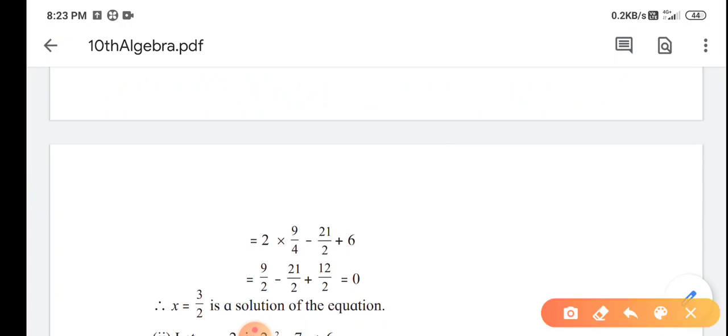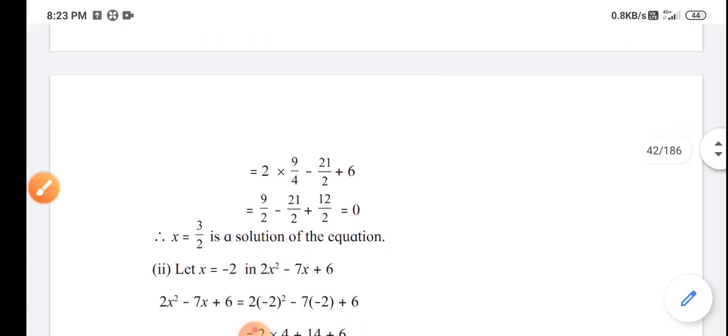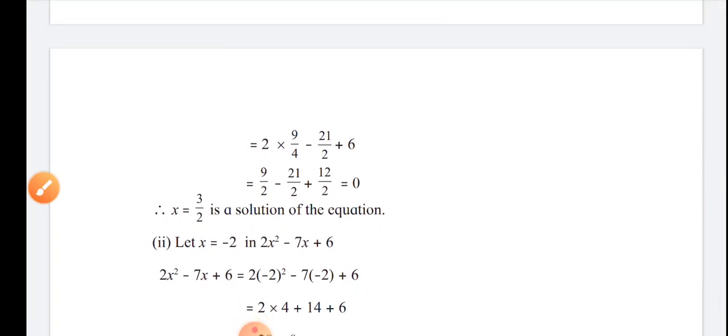Okay, and when we solve this equation, what will happen here? We are getting both the sides equal to 0. That means 9 by 2 minus 21 by 2 plus 12 by 2. So 9 by 2 minus 21 by 2 plus 12 by 2 becomes 0. That's why we can say that x is equal to 3 by 2 is a solution of the equation.